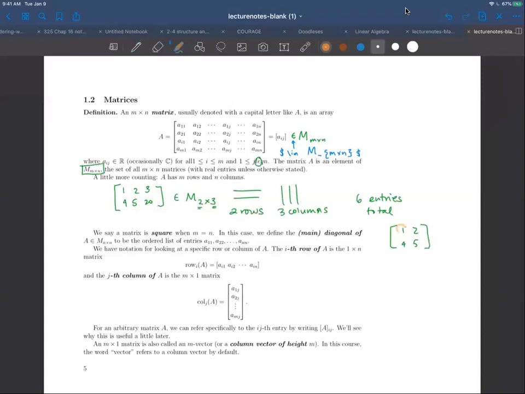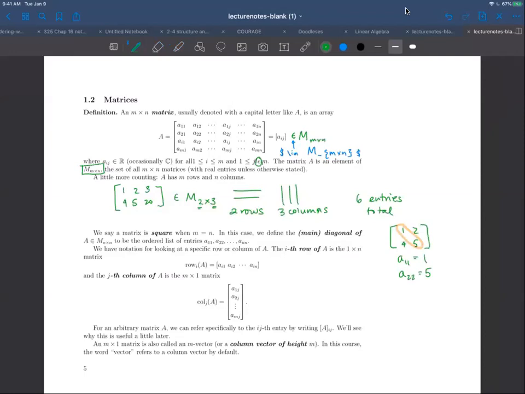They're the ones that sit on this thing called the main diagonal. The main diagonal goes from the top left to the bottom right. And so the diagonal of this matrix is going to be A11, which is 1, and A22, which is 5, right? So those are the entries on the main diagonal of this matrix.